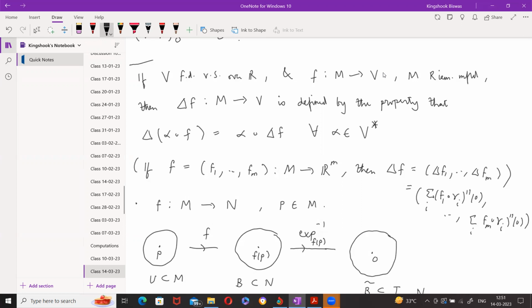Is this clear? Yes. This is from the definition of the Laplacian: it's the trace of the Hessian, and the Hessian is given by these second derivatives along geodesics. So I can take the sum outside the vector: the sum over i of F composed with gamma_i double prime 0. So this is an element of R^m. Is this clear? Yes.